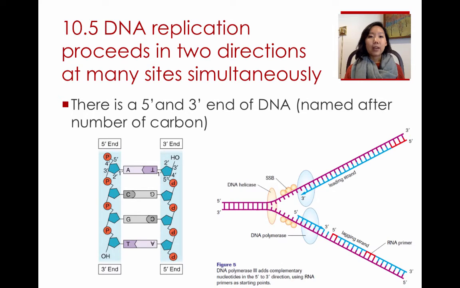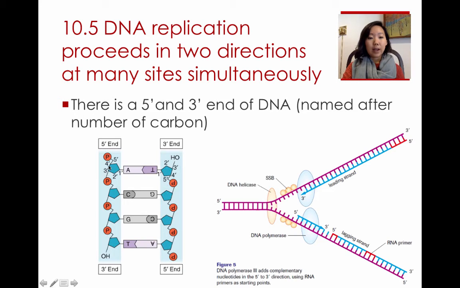Okay, so there's something called the 5' and the 3' end of DNA. These are named after the number of the carbon on the 5-carbon sugar. So here, for example, this point right here is the oxygen, which isn't drawn in. The first carbon is attached to the nitrogenous base. There's a second carbon, and then the third carbon is the one that links to the next nucleotide.